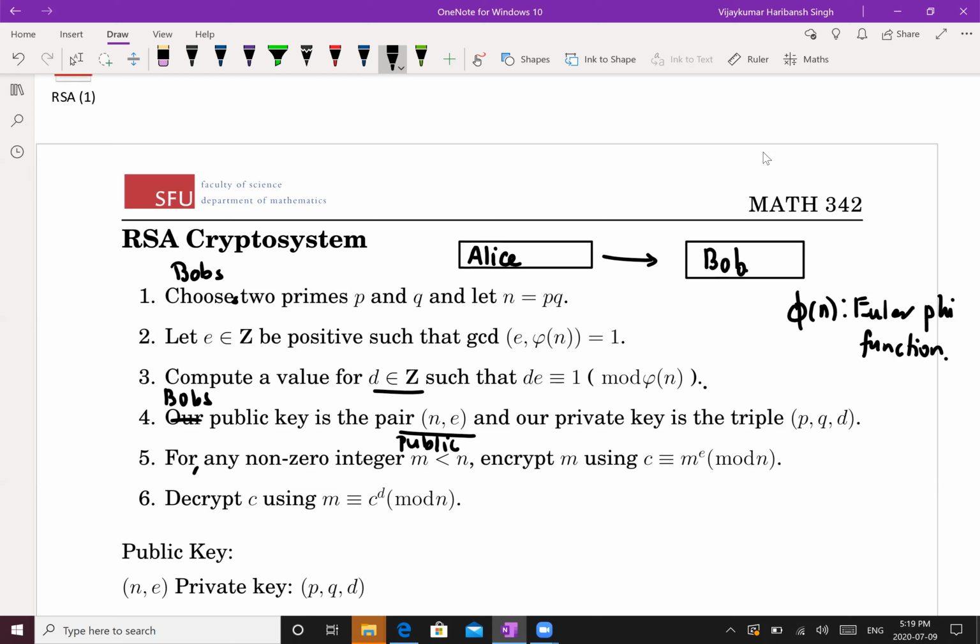Then suppose Alice wants to send a message. For any message m less than n, we are thinking about m as a number less than n, and she encrypts m by computing the ciphertext c equals m to the power e mod n, and sends it to Bob.